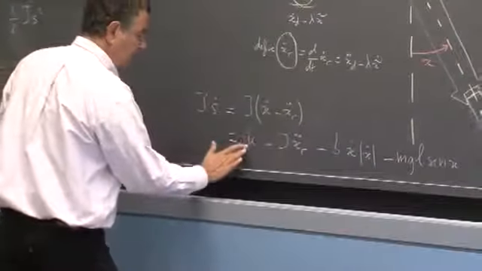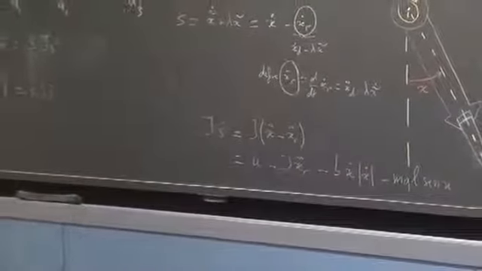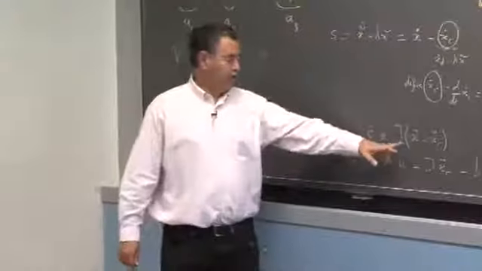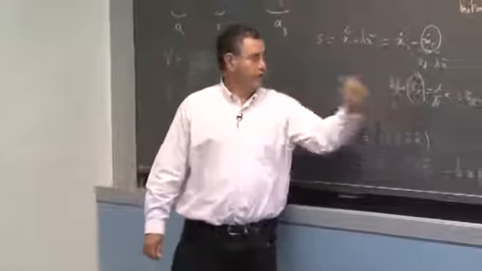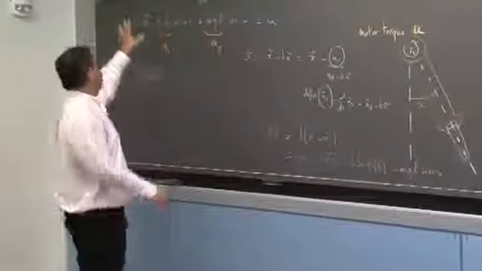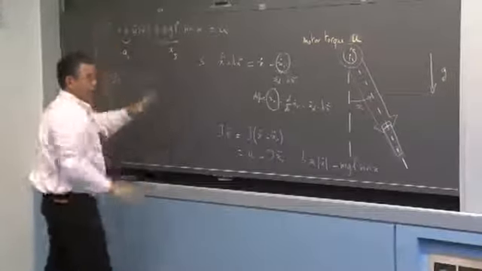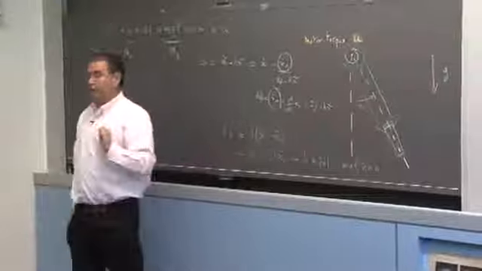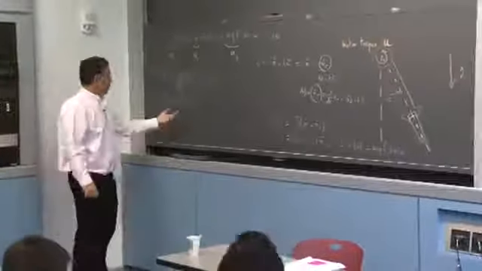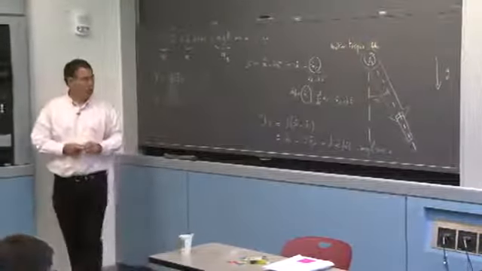So this is just replacing. J s dot is J x double dot minus J x double dot r. J x double dot is u minus b x dot absolute value of x dot minus mgl sine x. And then we have the J x double dot r. Okay, and this is because we need this J s dot here.